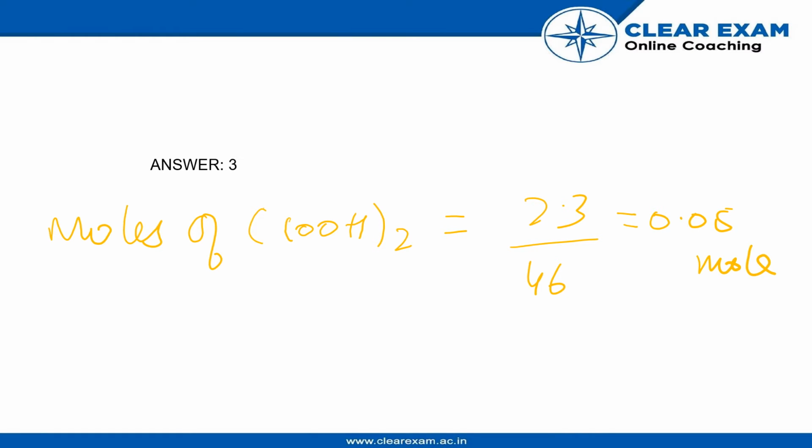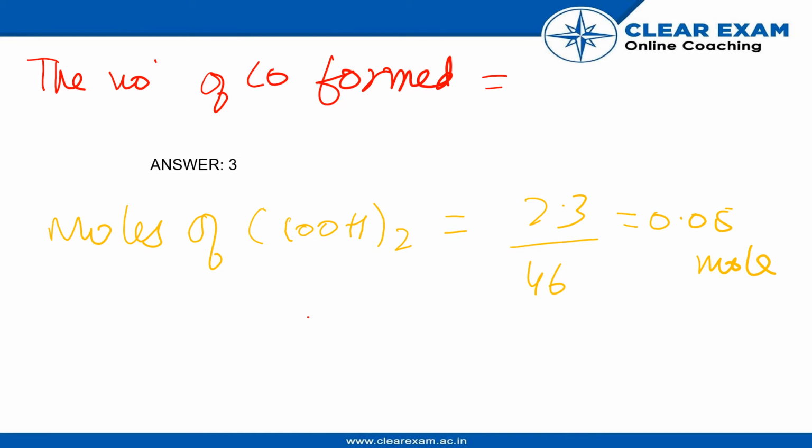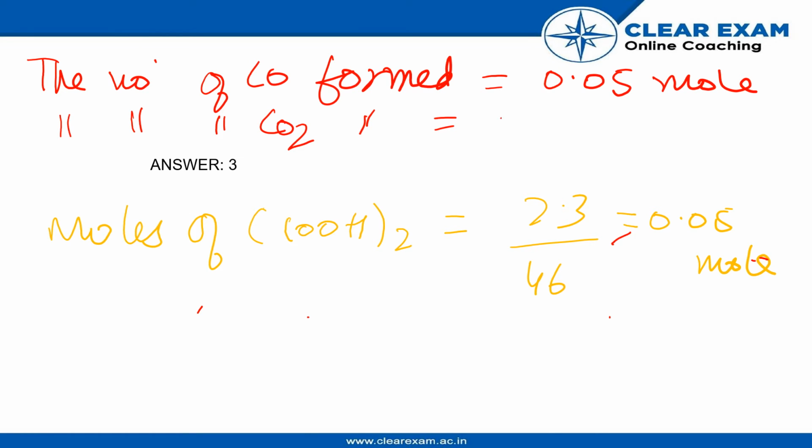So now from the first reaction that we had, on the previous slide, we get the number of CO formed is equal to 0.05 mole. Number of CO2 formed will be equal to 0.05 mole.